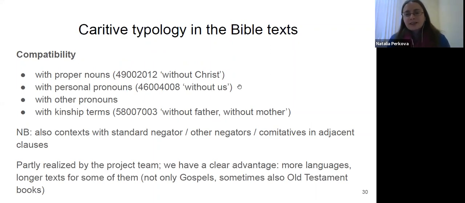In fact, it can be done easily with this automatically annotated corpus, but then the open question is how much you trust such annotation. Then it's more noise. Here at least the context without Christ is good, because you can usually identify the string for Christ in many languages, at least in the Latin script.